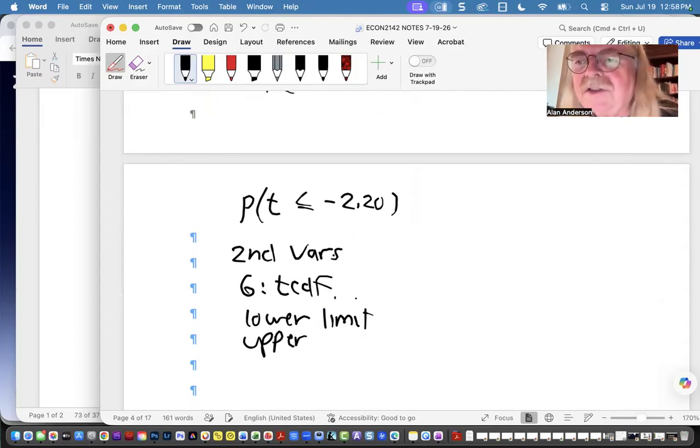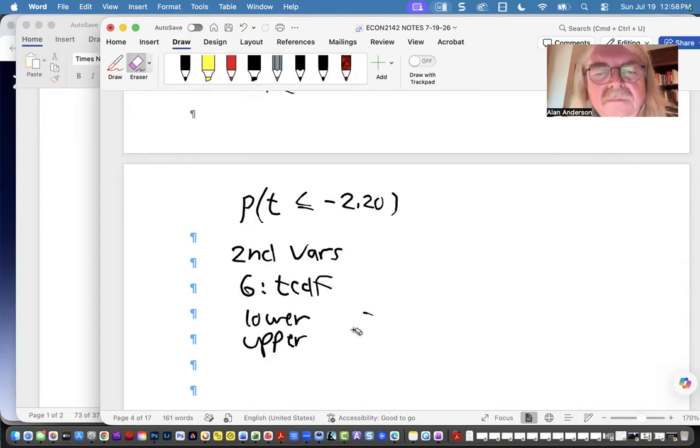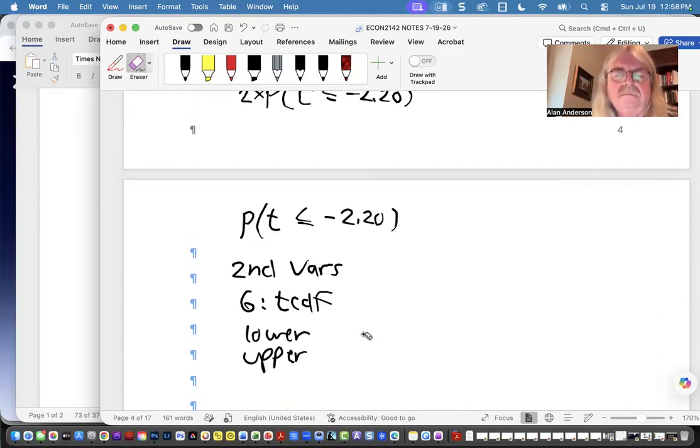Oh, that's right, it doesn't actually say the word limit there, but that's what it means. And DF, degrees of freedom.